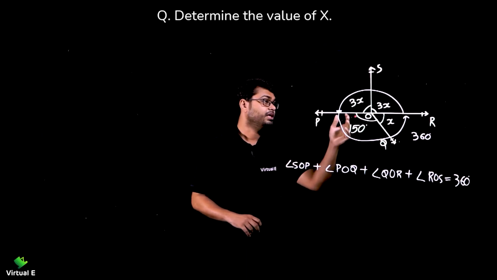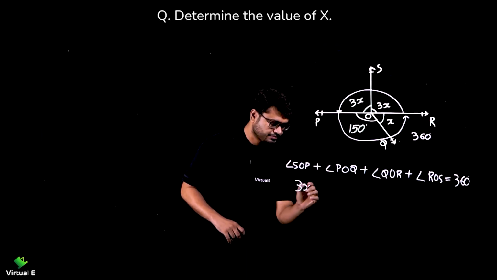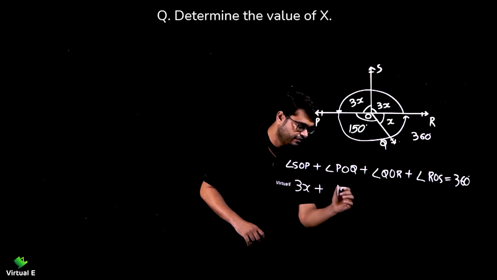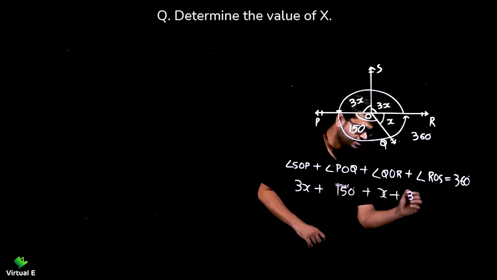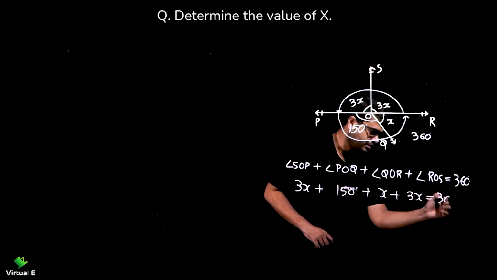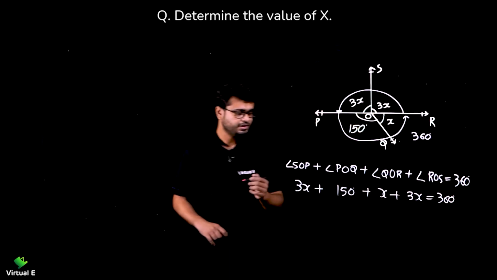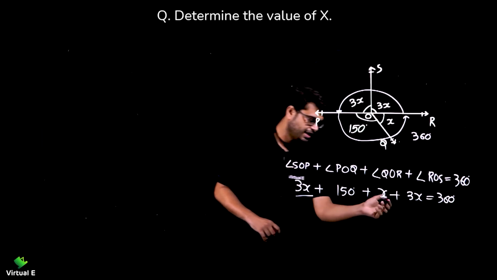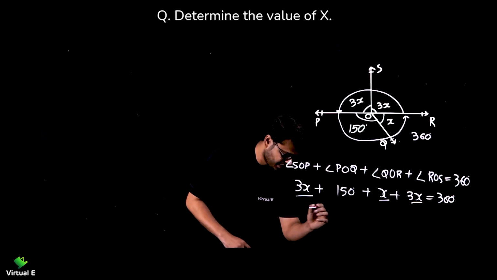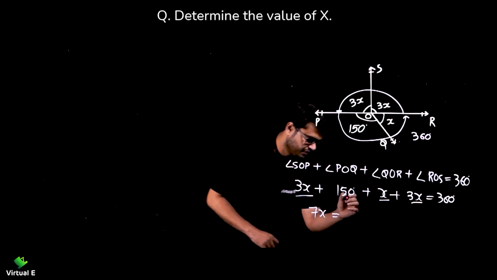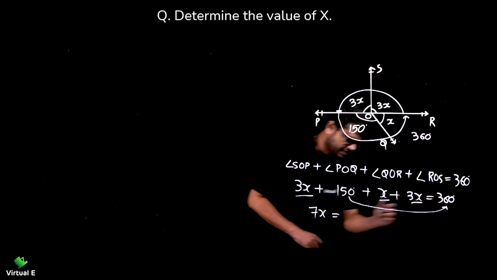Now SOP is what? 3x, then 150 degrees, then x, then 3x again is equal to 360 degrees. Done. Now let's add all the terms with x. So 3 and 3, 6, plus 1, 7x. And let's shift this 150 over to that side.